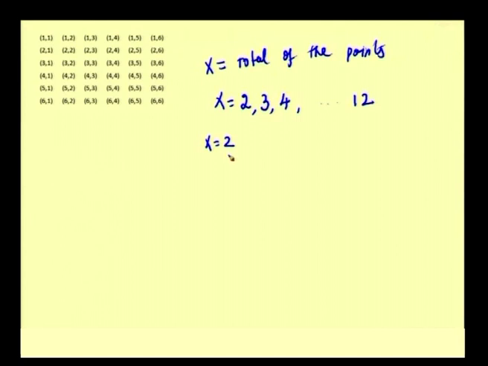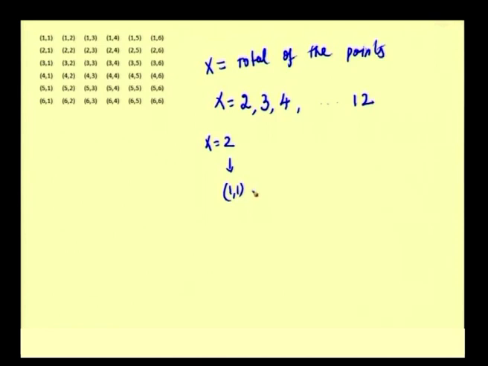X equal to 2 is arrived from the possibility (1,1). So, (1,1) is the only possibility which gives you x equal to 2. So, out of 36 possibilities, you have (1,1) which gives x equal to 2. So, the corresponding probability P of x equal to 2 is 1 divided by 36. This is the probability corresponding to the random variable x equal to 2.